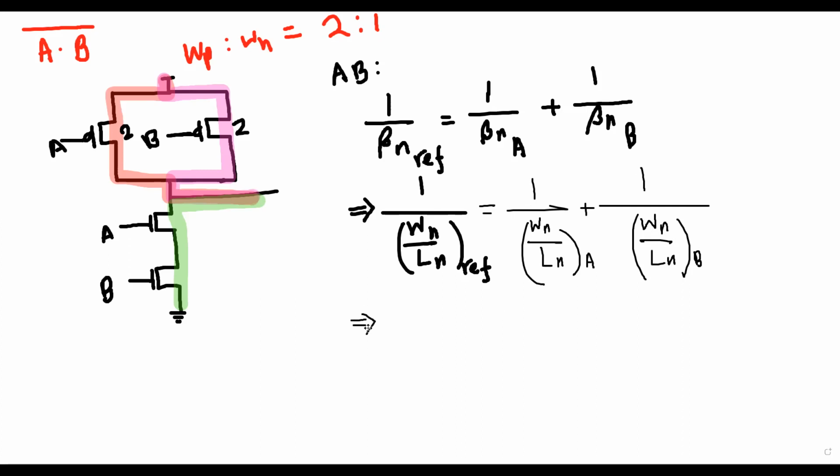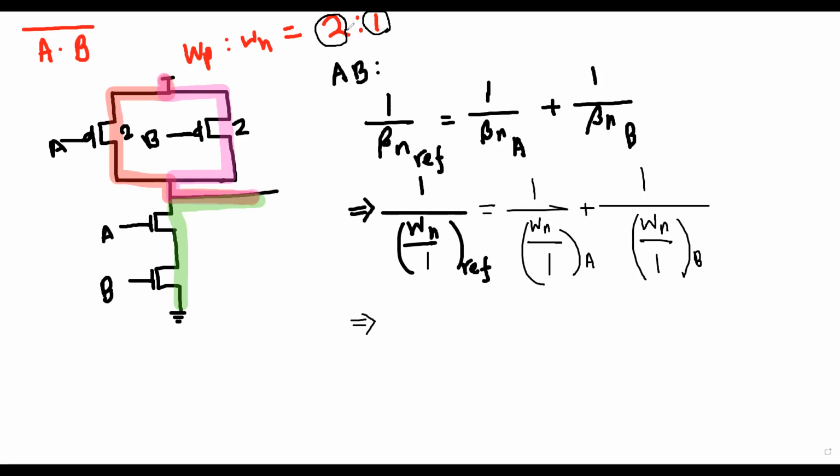Now what? Now you have to write the values. What values? I told you L will always be 1, right? You're going to write 1 here, 1 here, 1 here. Now, what is your reference number? Remember, it was 2 is to 1.